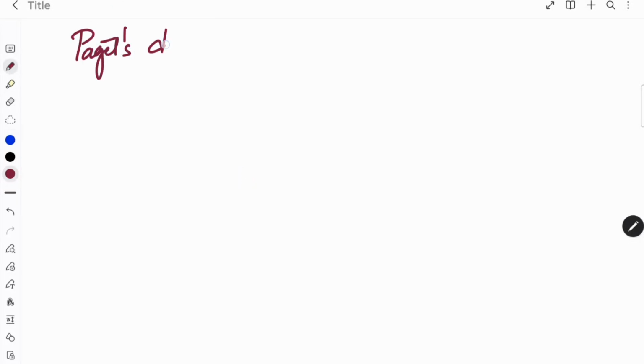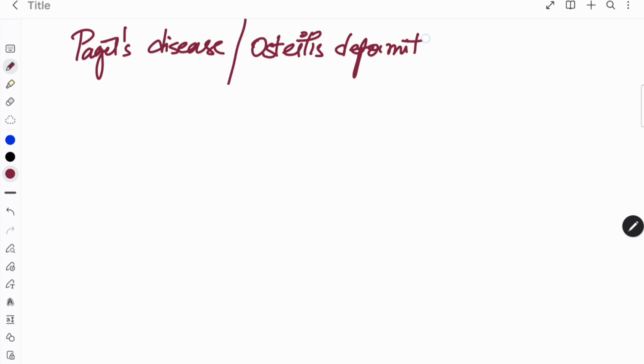Paget's disease, which is also known as osteitis deformans. So, what is Paget's disease? It is due to a problem in the cell, that is the osteoclast.